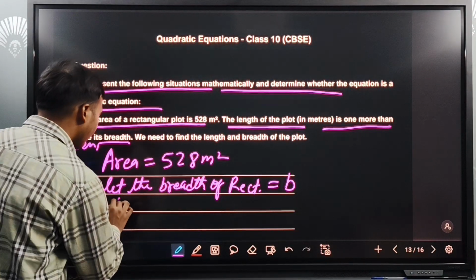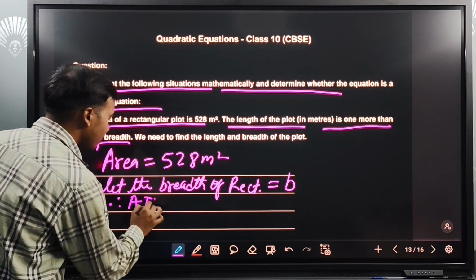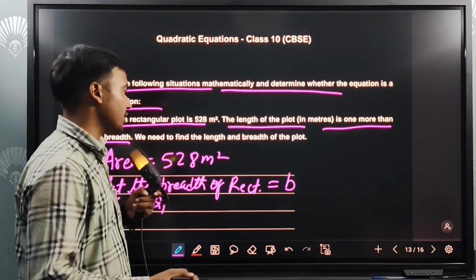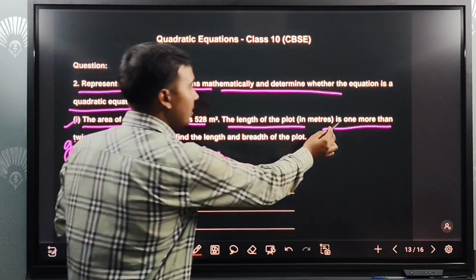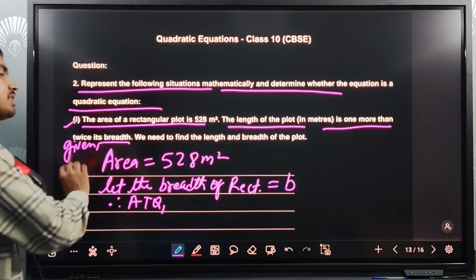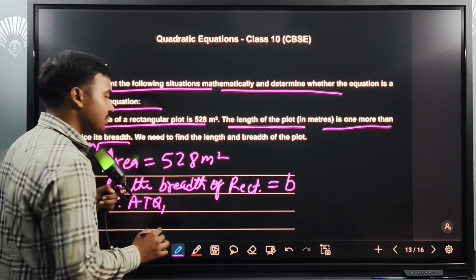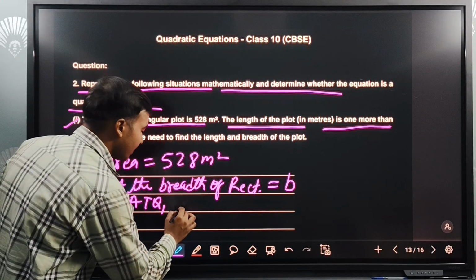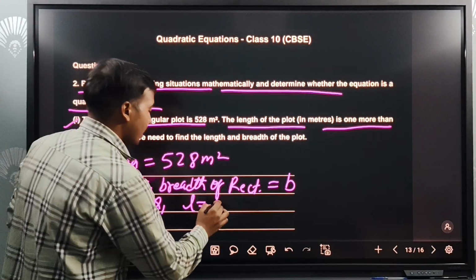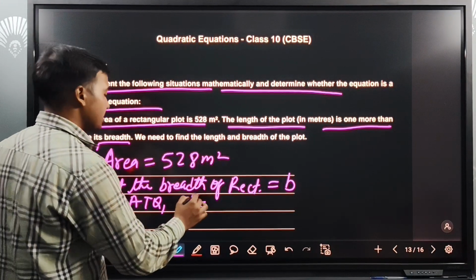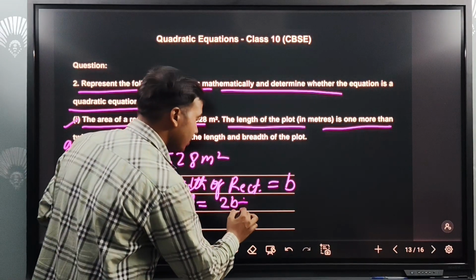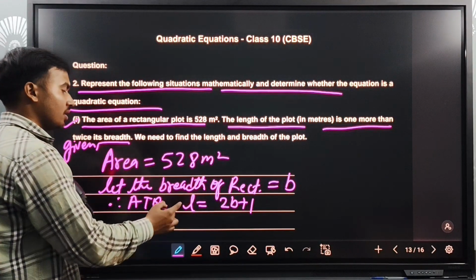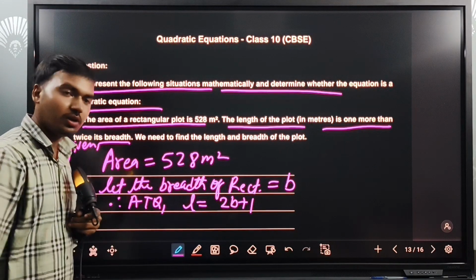Therefore, according to the question, we will follow the question. Here it is saying that the length is one more than twice its breadth, which means twice its breadth plus 1. This is the comparison of length with respect to breadth.